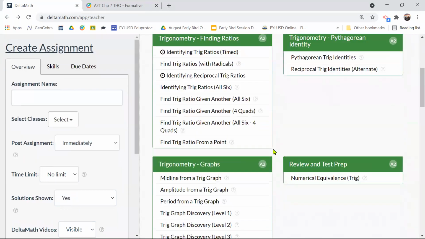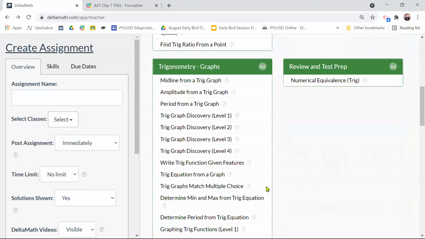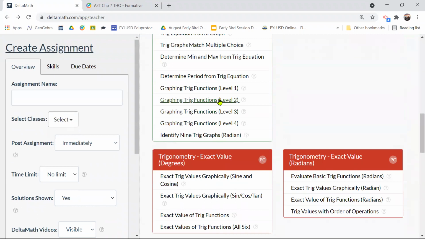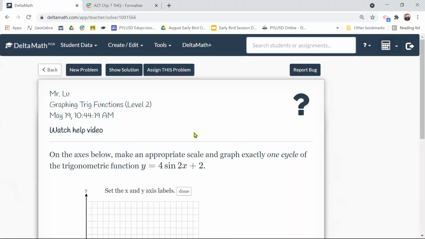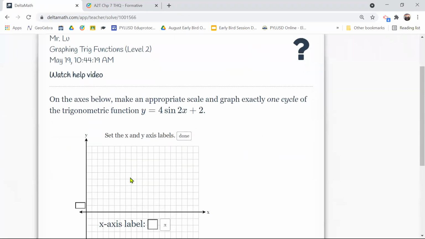Let me see. Maybe I can capture it. Graph level 2. All right. So we got a question with the 2 on the top. All right, this is painful to watch, I guess.